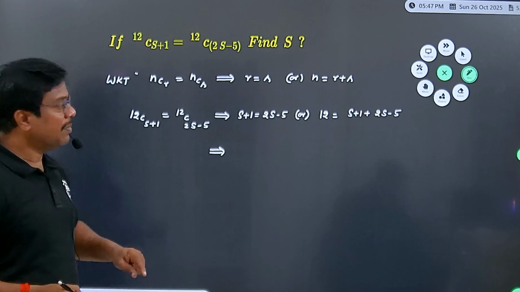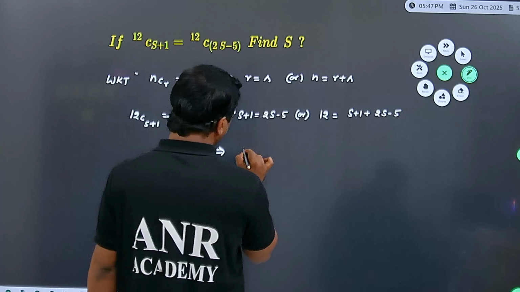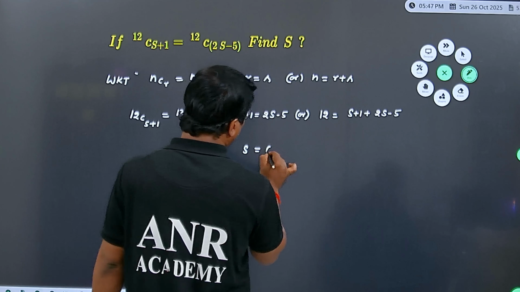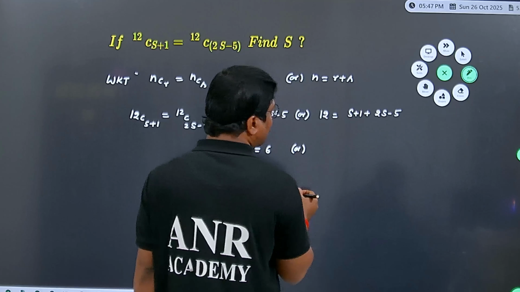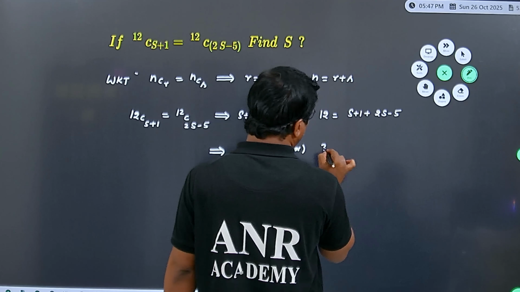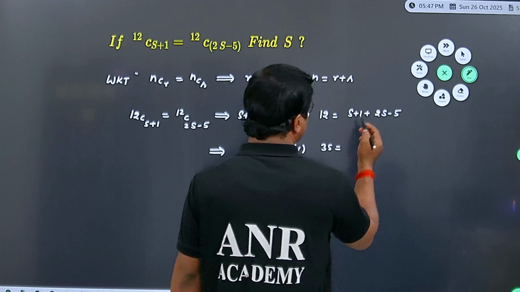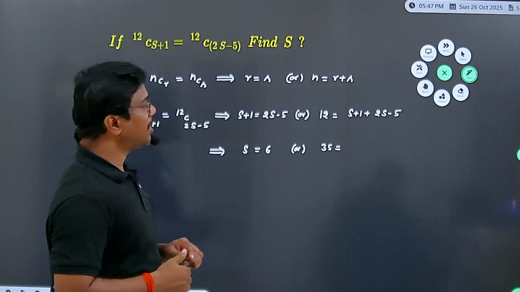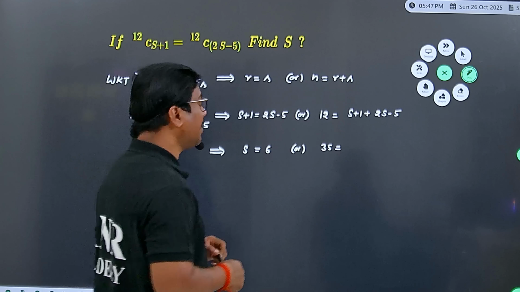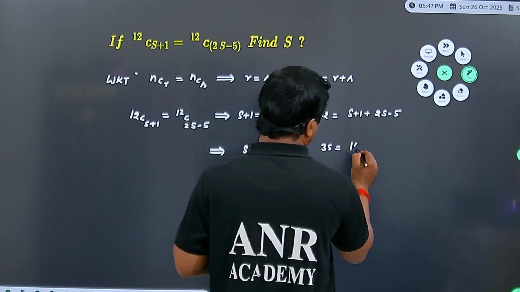And now on simplification it is the value of S becomes 6, or you may write 3 times of S equal to 12 plus 4 equal to 16.